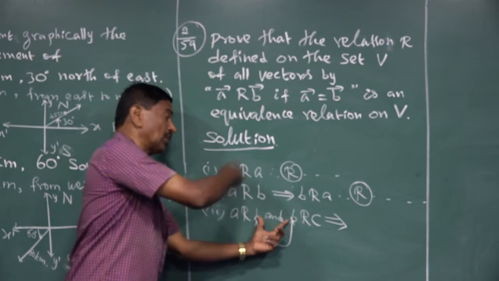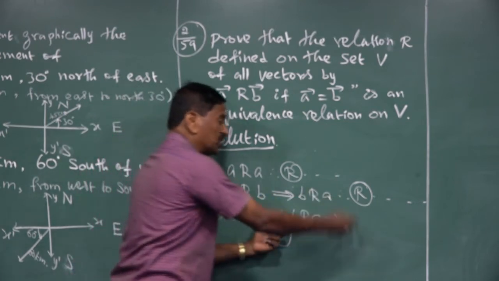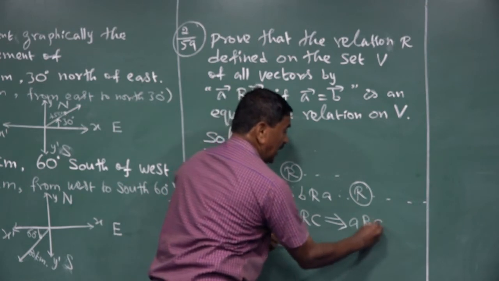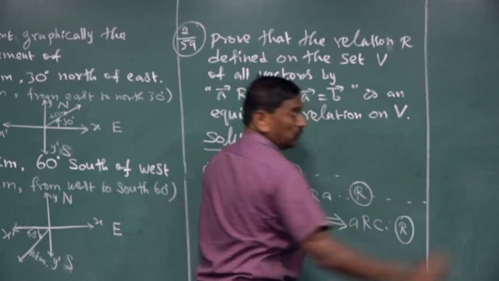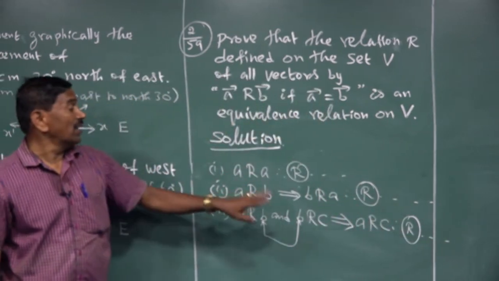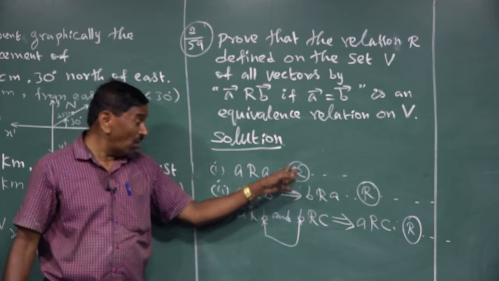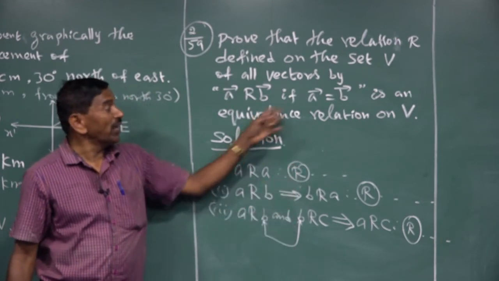Let us take first and last, which means A is related to C. Therefore, R is transitive. And a relation which satisfies all the three properties is said to be an equivalence relation.